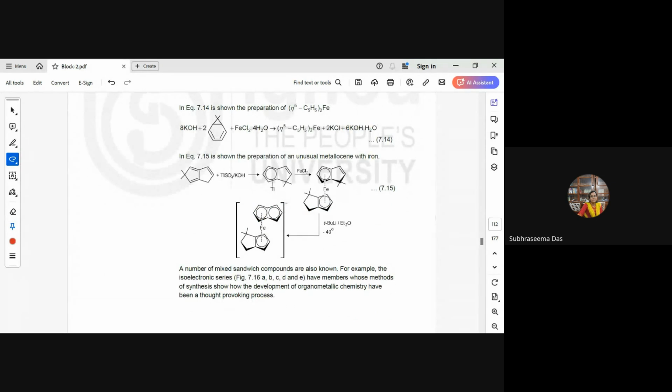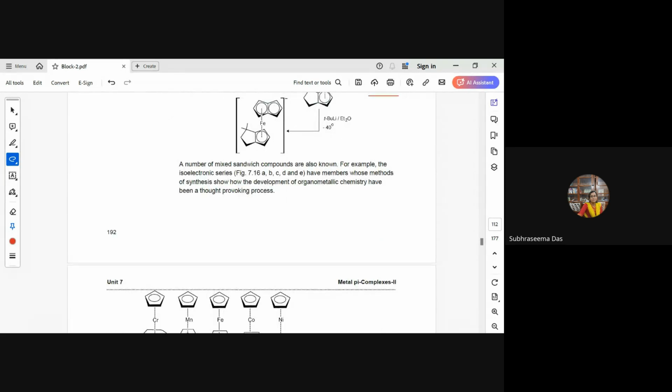Now in equation 7.15, the preparation of an unusual metallocene with iron is shown. Also a number of mixed sandwich compounds are known. For example, isoelectronic series have members whose methods of synthesis show the development of organometallic chemistry.